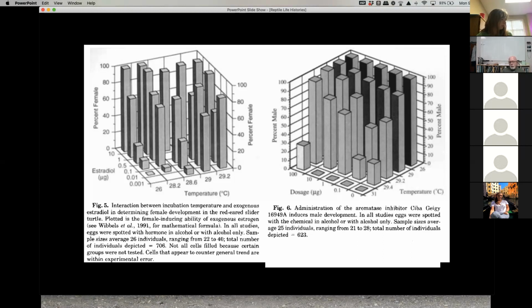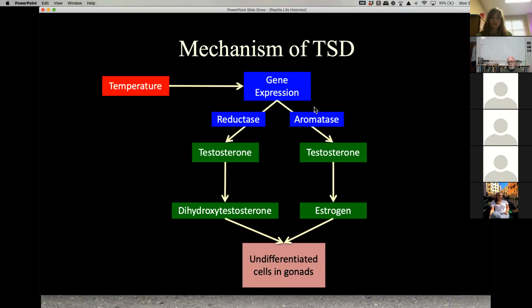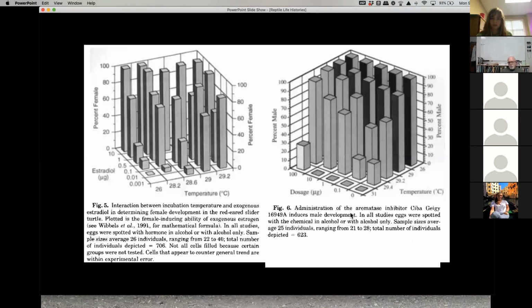So they're inhibiting aromatase. If you inhibit aromatase, you're inhibiting the ability to produce estrogen. So if you're reducing the ability to produce estrogen as you increase the dosage of aromatase inhibitor, what should you be getting more of?